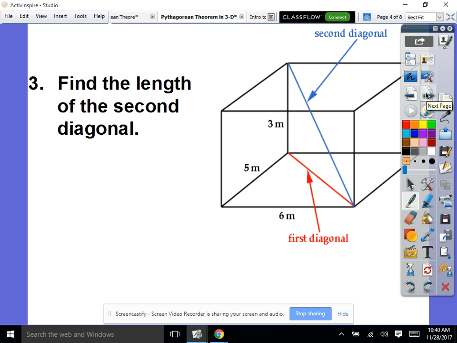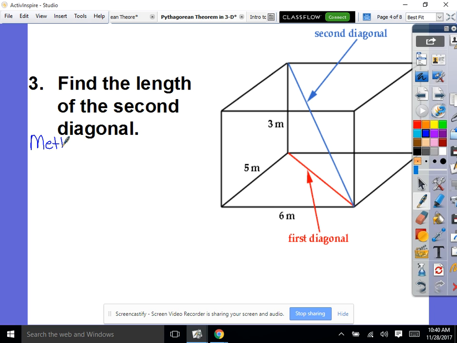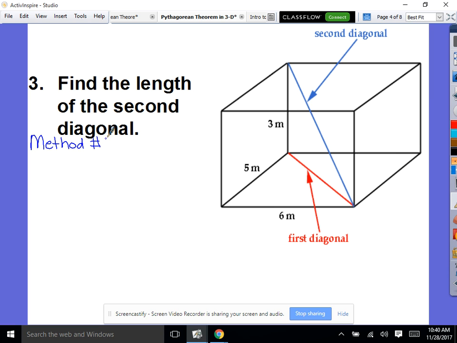All right, the next one, we have the first diagonal and we have the second diagonal. So we want the second diagonal. So this is the method number 1. We have to find that first diagonal. So we're going to say 5 squared plus 6 squared equals F for first diagonal squared. 25 plus 36 equals F squared. 25 and 36 is 61.